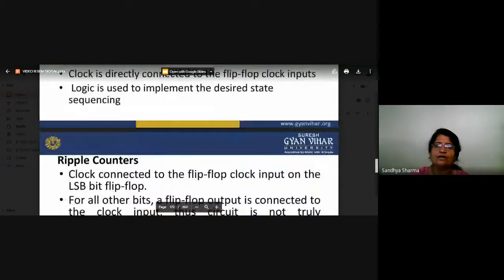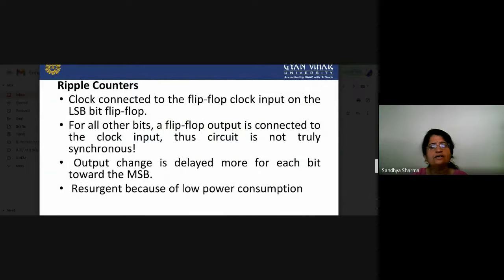In the ripple counter, the clock is connected to the flip flop clock input on the LSB flip flop only. In an asynchronous counter, you have not given clock pulses to all the flip flops at the same time.